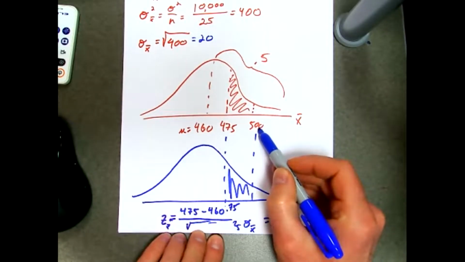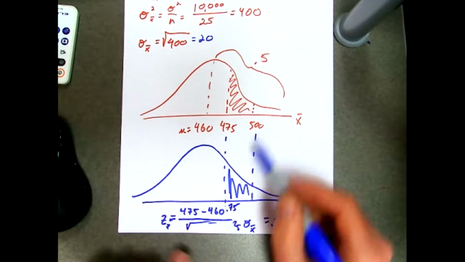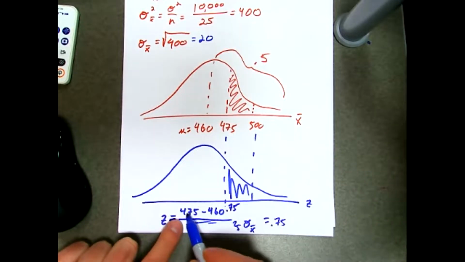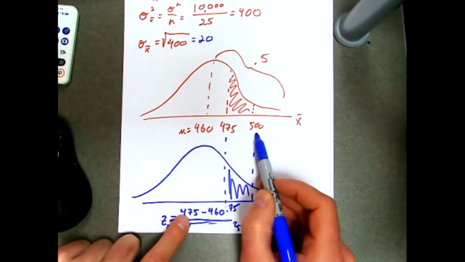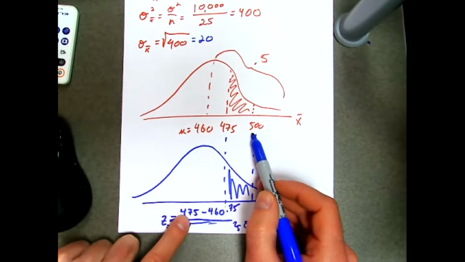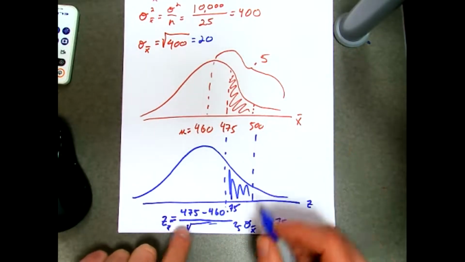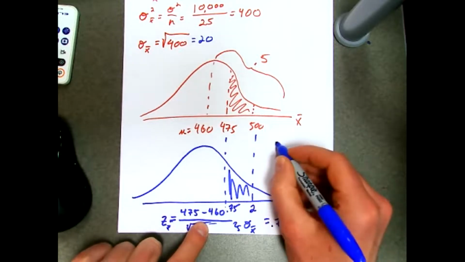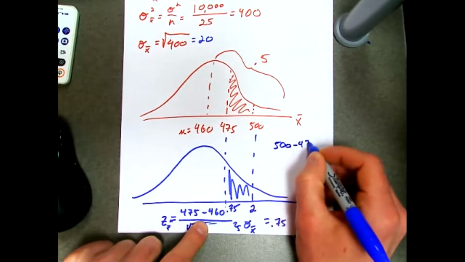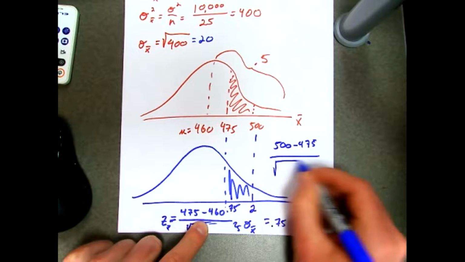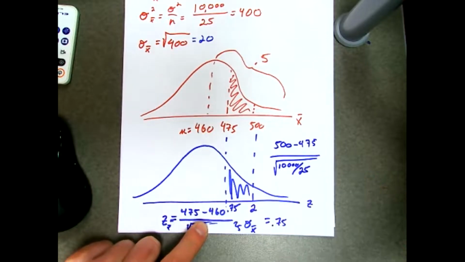If I do the next one, just for the sake of time, I'm basically doing the exact same thing, but I'm plugging in 500 as the sample mean value I'm interested in. If I do that, I believe I get a z-value of 2. So 500 minus 475 over the square root of 10,000 over sample size of 25.